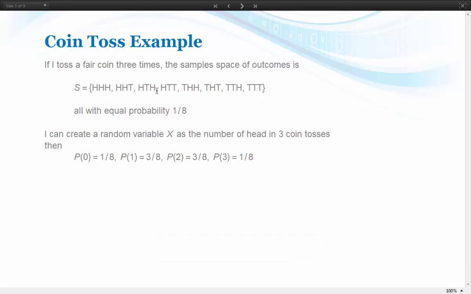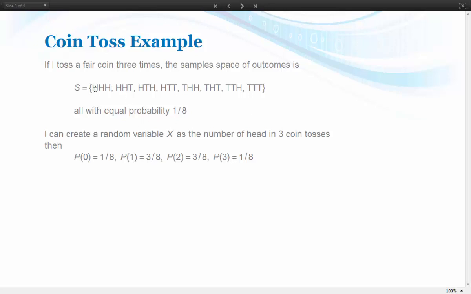Why is that so? Well, because the probability of getting a heads is the same as the probability of getting tails, it's 0.5, and because the repeated trials are independent, we multiply. So 1/2 times 1/2 times 1/2 is 1/8 in every one of these cases.